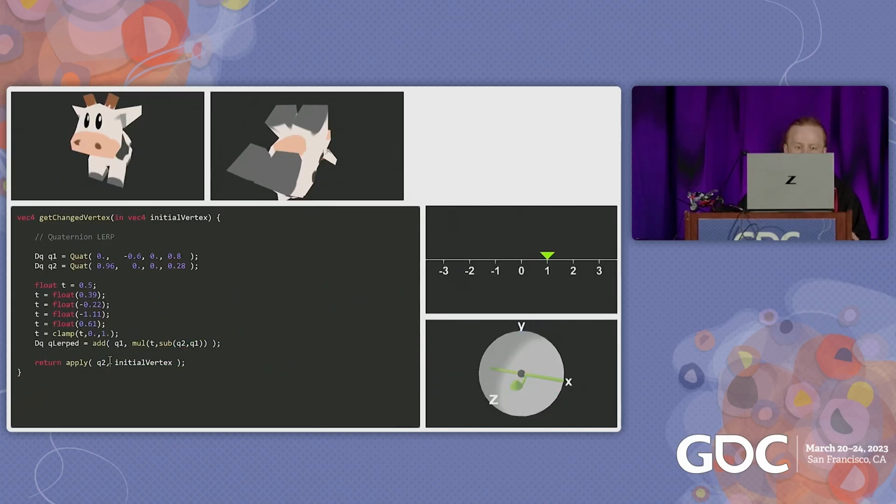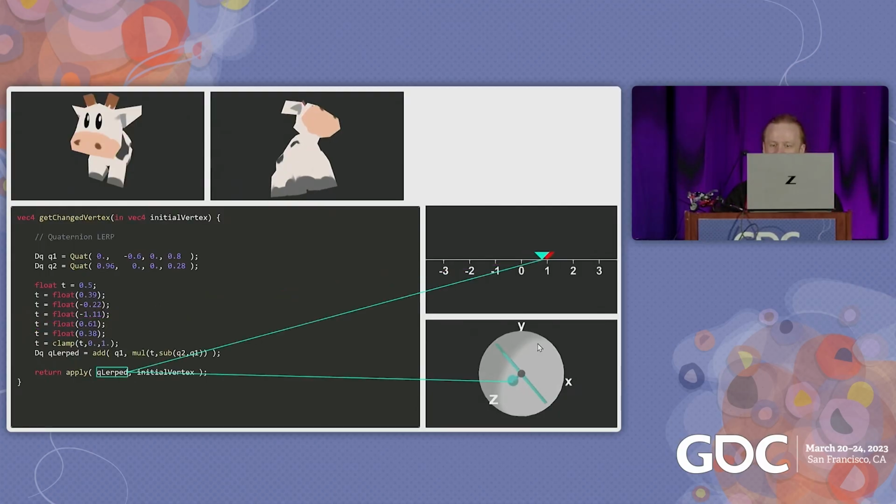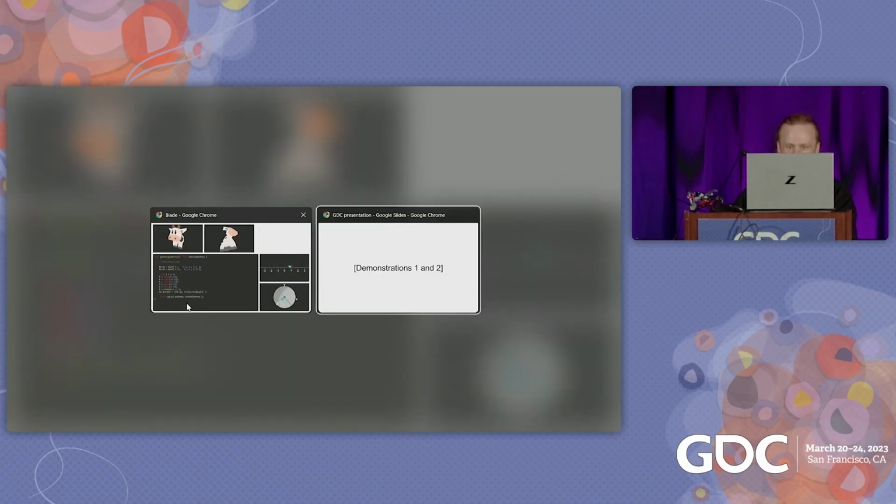And if we apply this to our cow, we get the cow at a different orientation, and if I dial t up and down, hooray, we are interpolating from one orientation of the cow to a different orientation of the cow, and I can have any number in between, and that gives me this quaternion, which, when we apply it to the cow, gives you that thing that's in between the cow in the first state and the cow in the other state.